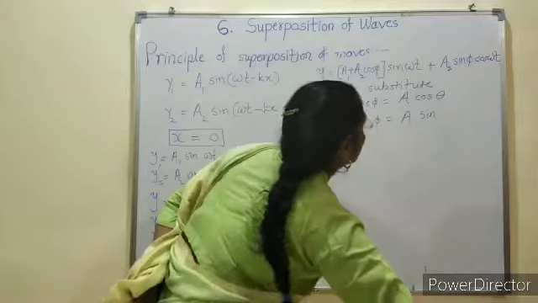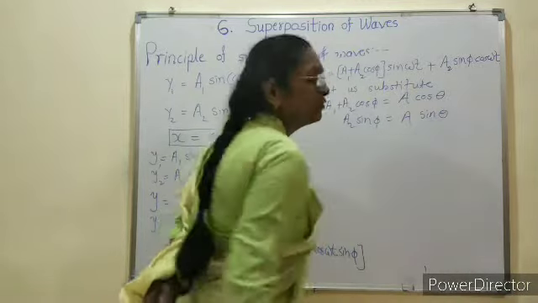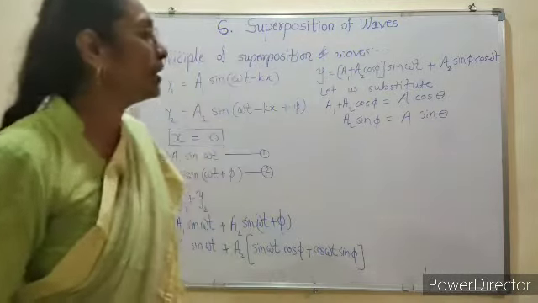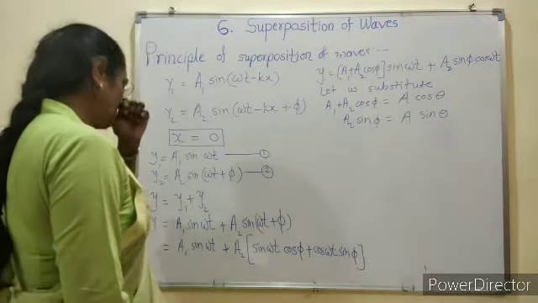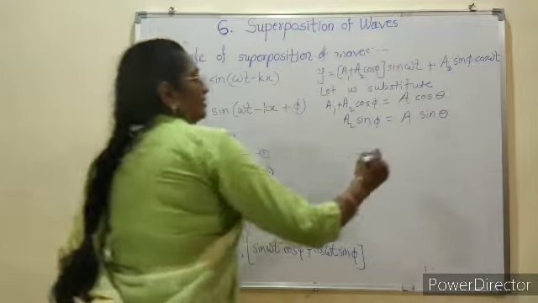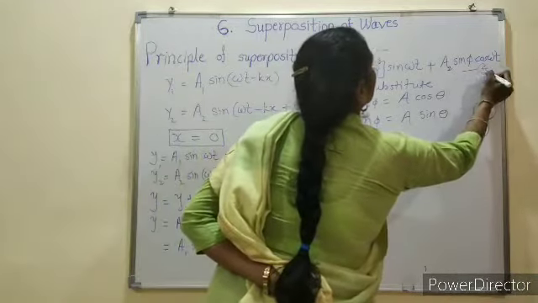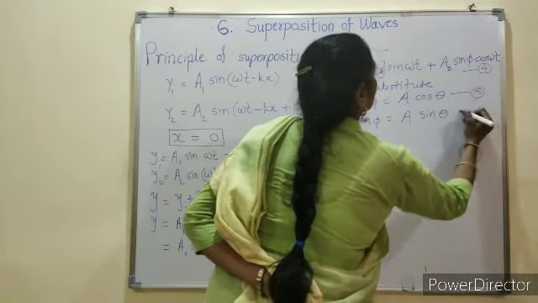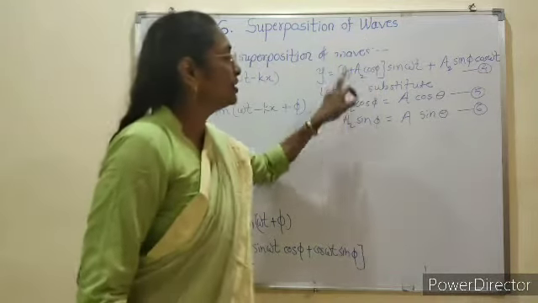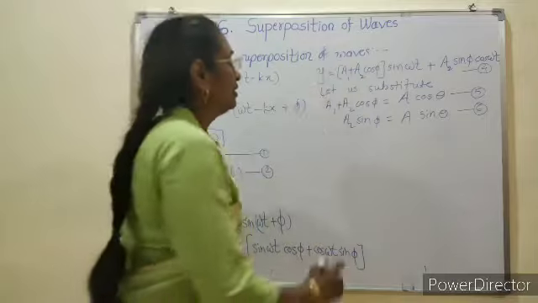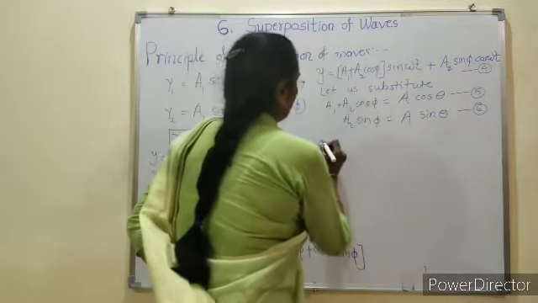This is for the sake of calculating the resultant amplitude. These expressions we denote as equations 4, 5 and 6. Now substituting this in equation 4.